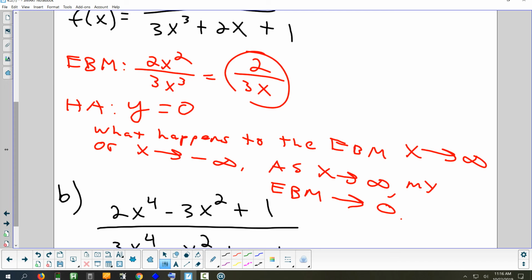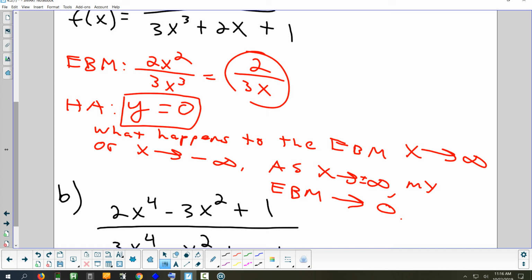Actually, you could technically do plus or minus infinity. My end behavior model is getting a huge denominator. If x is 1,000,000, it's 2 divided by 3,000,000. Basically 0. It's approaching 0. So remember, for horizontal, you always want to write y equals. Don't put x equals, that's vertical.